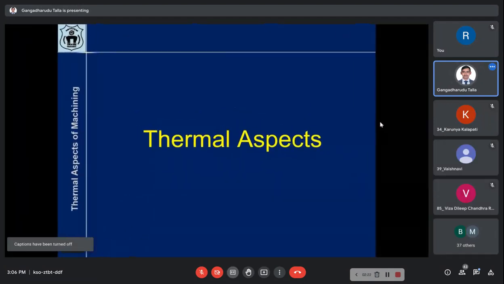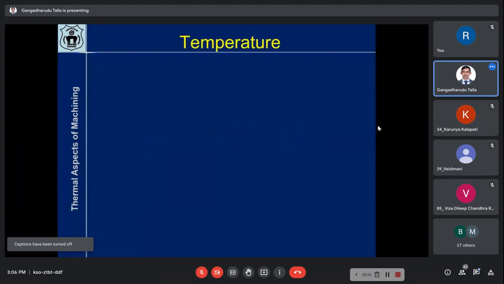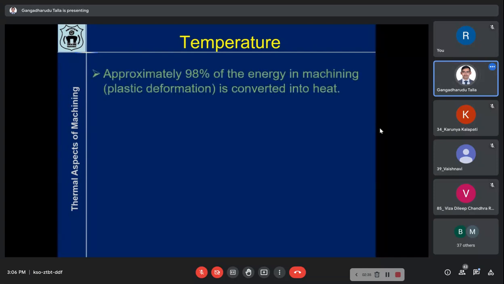Thermal aspects. So thermal aspect is nothing but temperature. Heat is being generated, so temperature will rise. Approximately 98% of the energy in machining is converted into heat.